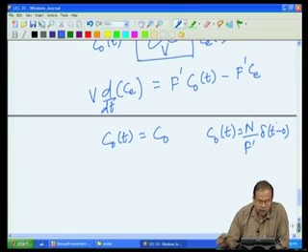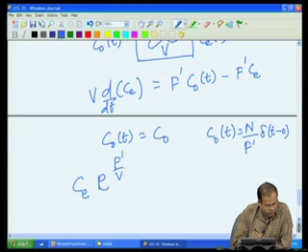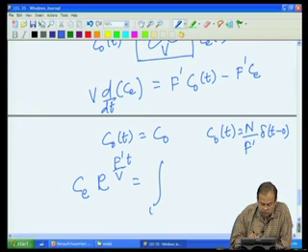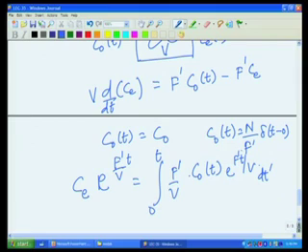If we now go back to this mass balance equation, we can solve this actually and say C_e e^(F't/V) is equal to the integral 0 to t of (F'/V) C_0(t') e^(F't'/V) dt'. Okay.